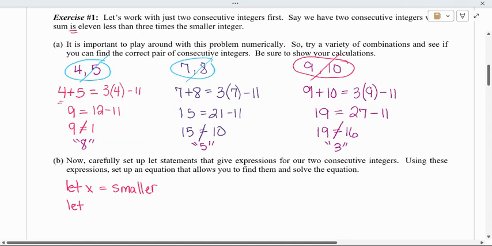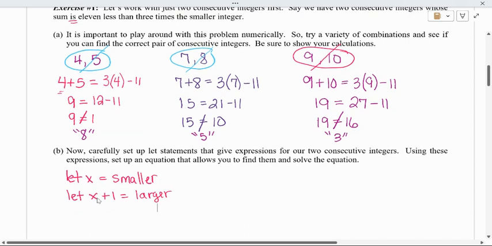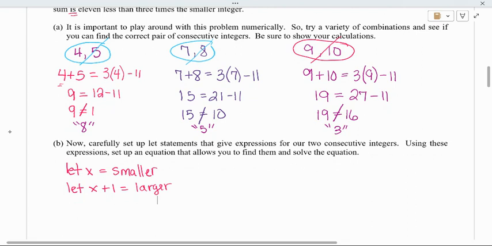They're numbers right in a row. What's the difference between 4 and 5, or 7 and 8, or 9 and 10? What are we adding? 1. So x plus 1 is going to equal the larger integer.